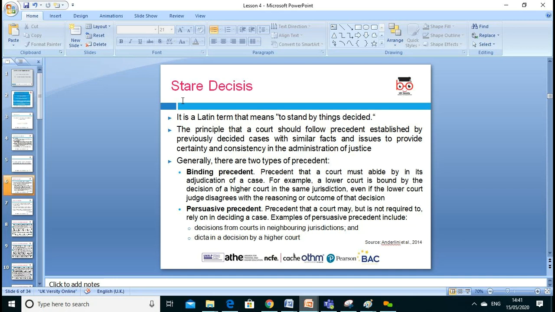For example, they can look at a decision from a court in a neighboring jurisdiction, and then a decision by the higher court. Every court has its own jurisdiction, its own limits. Okay, any question there, anyone?